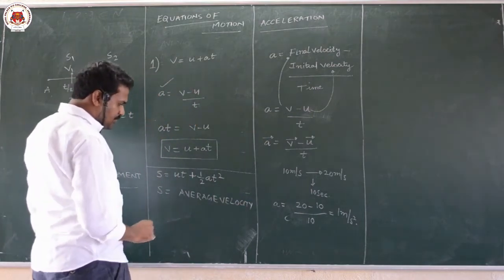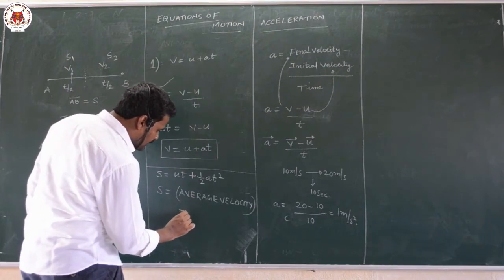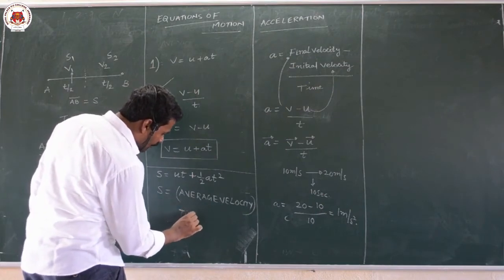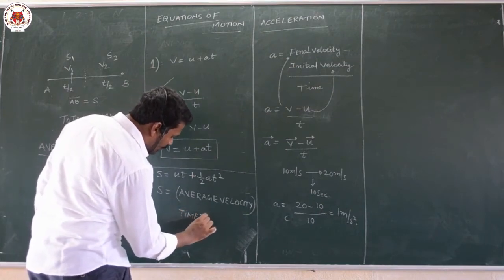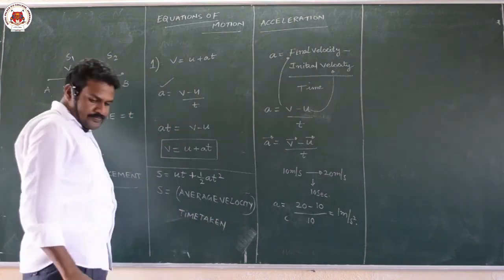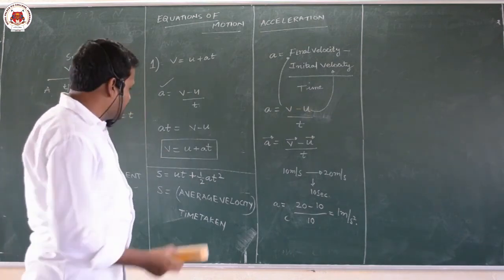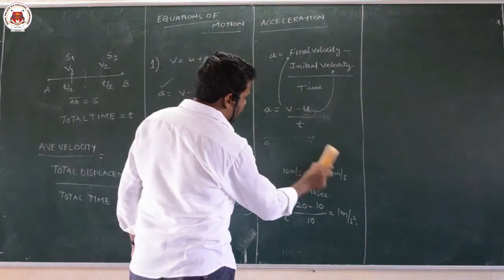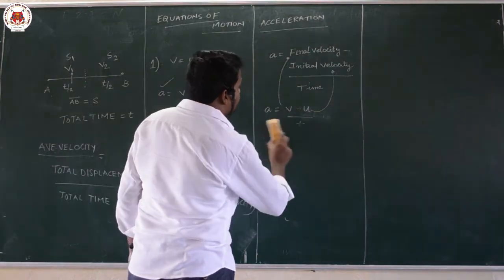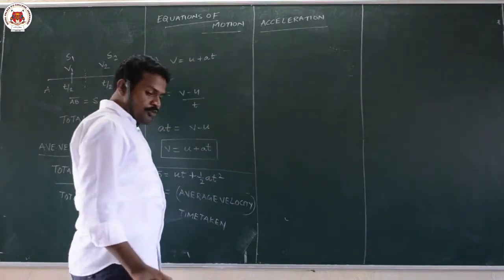If the body is moving with uniform acceleration, the average velocity you can write as v plus u by 2.